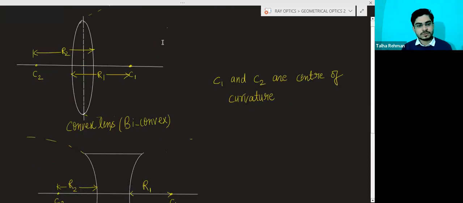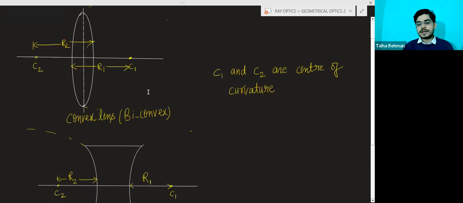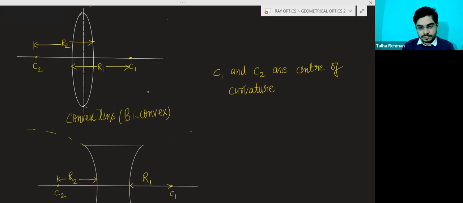When you complete the circle, you will get a center, and if there is a center, there will be a radius also. So R1 and R2 are the radii of curvature.